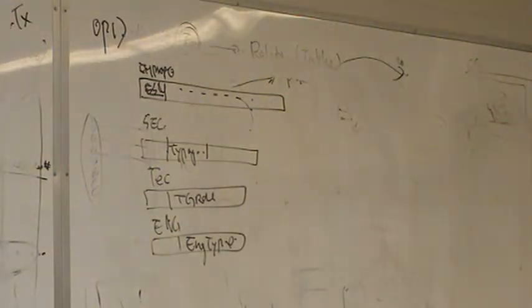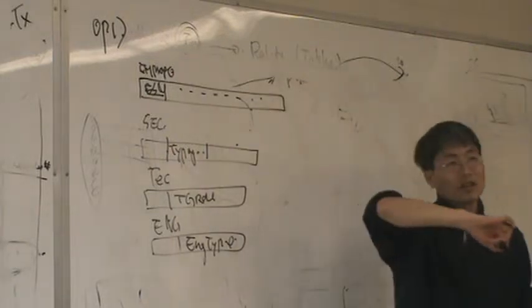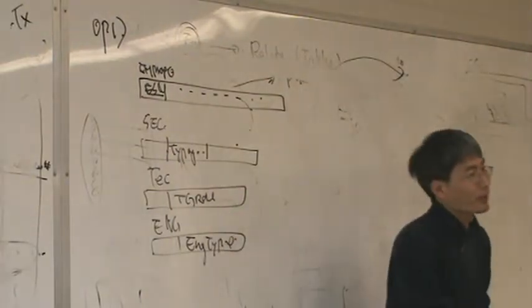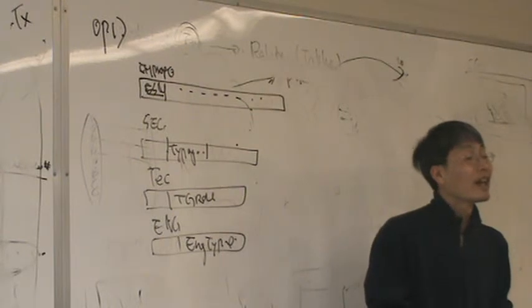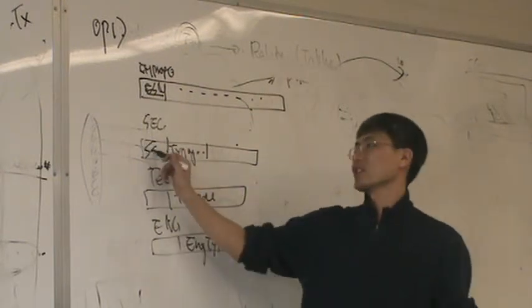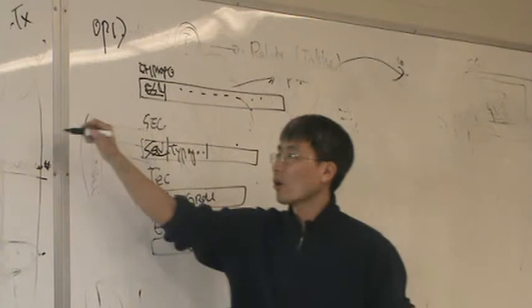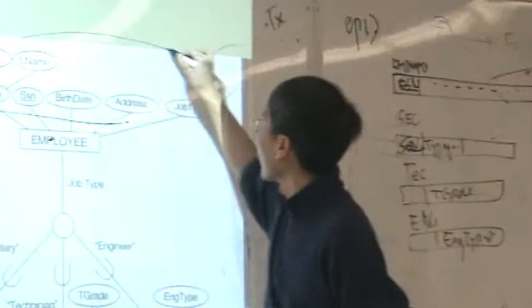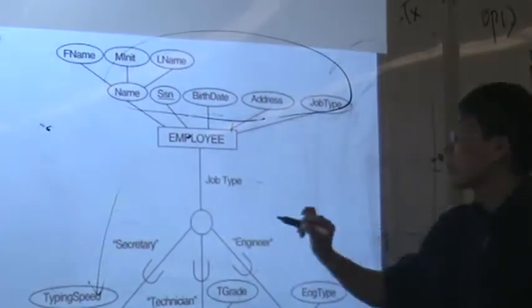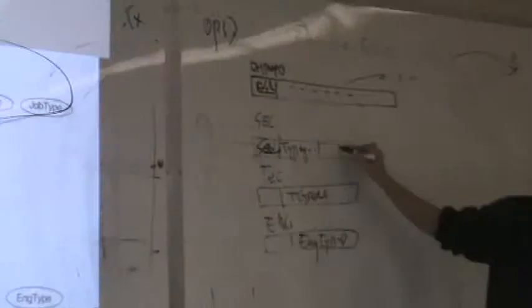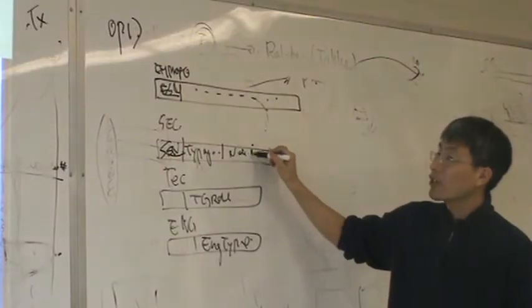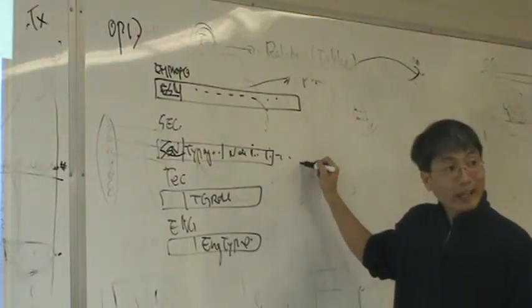There is a primary key. Each relation must have one primary key. This one has a primary key, but this one does not. What is the primary key of secretary? Social security number, which automatically inherits all attributes. So do I need to mention name, birthday, address, job type again?